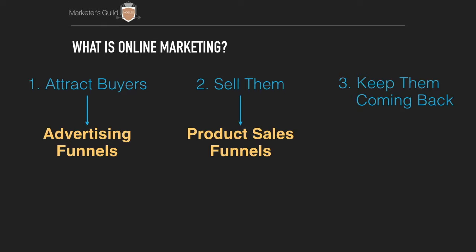So how do we do number 3? How do we keep them coming back? We create email marketing funnels, and really pretty much any type of remarketing funnel in general. But I like to emphasize email marketing because when you have someone's email, you can take them off of any platform and integrate them into any other platform.